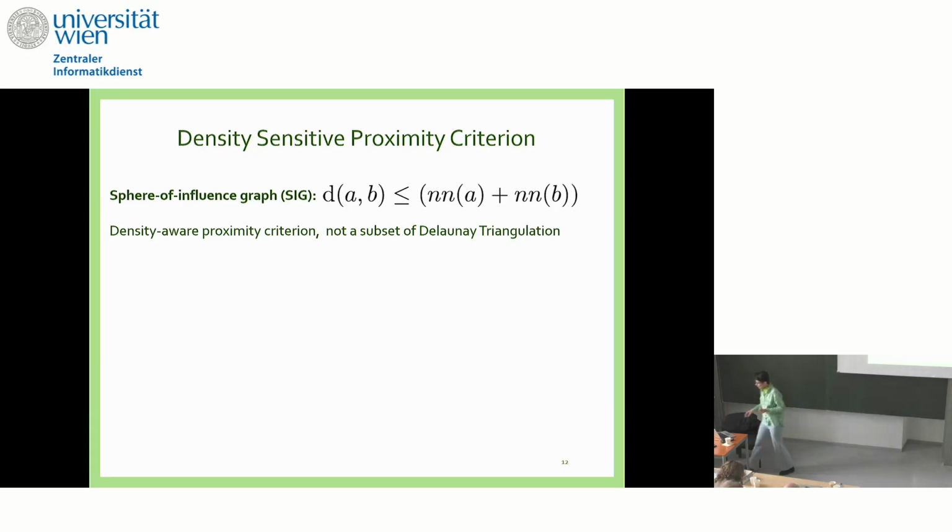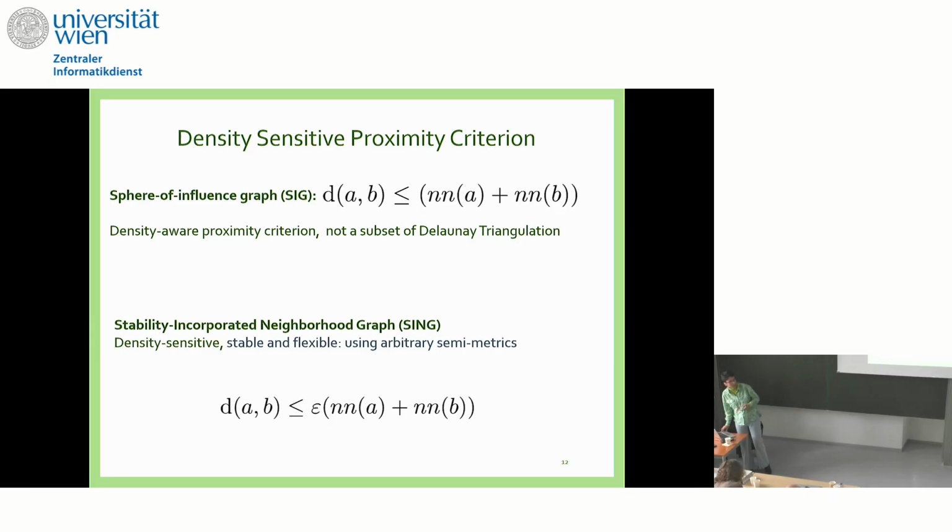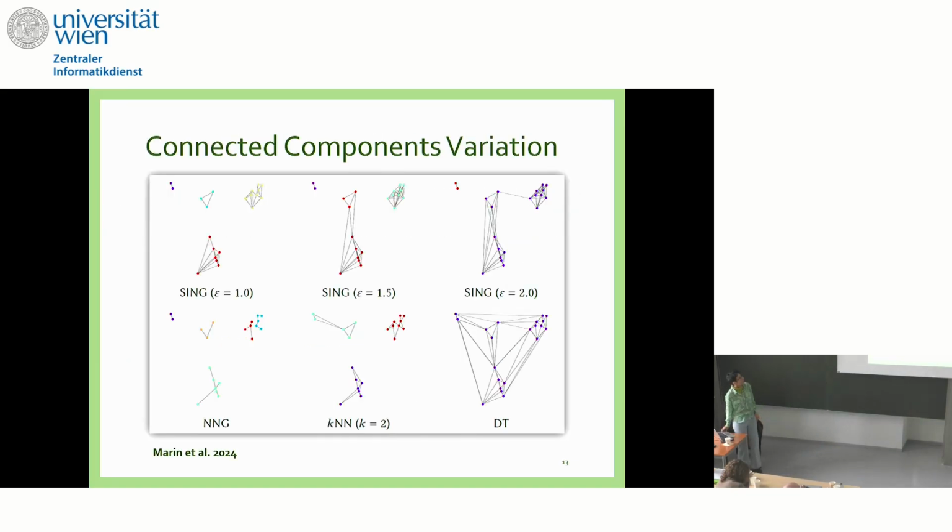And this is where we wanted to start, for example, to revise some of the existing proximity criteria that we knew, and we suggested a new viewpoint of this kind of proximity, saying that we will introduce this notion of epsilon parameter in it, and by also generalizing the notion of distance that would allow us to change the notion of nearest neighbor here, we would provide much more flexibility in terms of the graphs that we are considering.